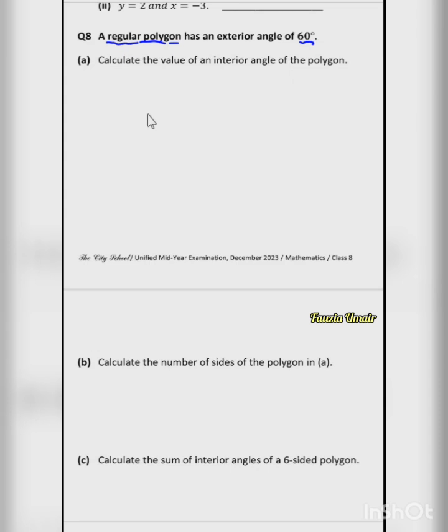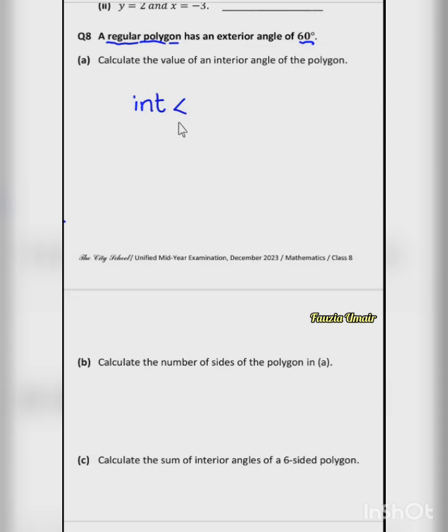So if I know the exterior angle, can I find the interior angle? Which property can I use? The relation between interior and exterior angle: the sum of interior and exterior angle is 180 degrees. That's correct. We know already that interior angle plus exterior angle is equal to 180 degrees.